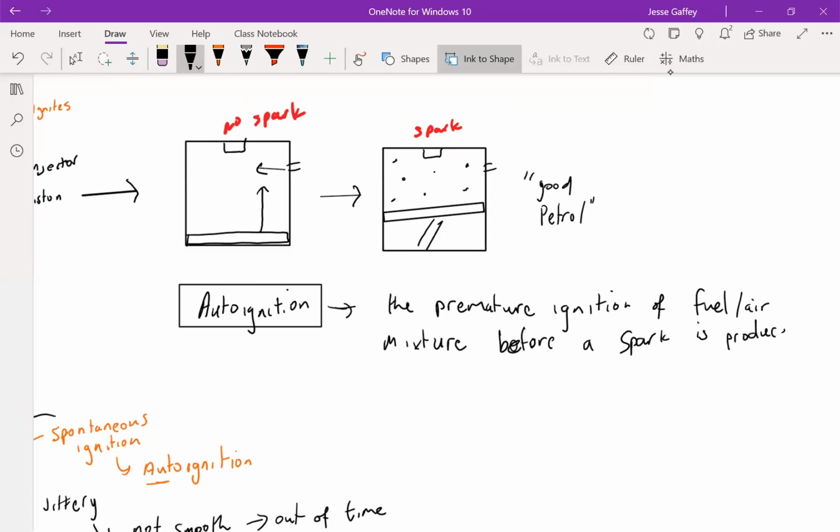This eliminates the ability of the spark to control the combustion in the engine. So that is what we mean by auto ignition. So I suggest now that you pause the video and take down that definition.